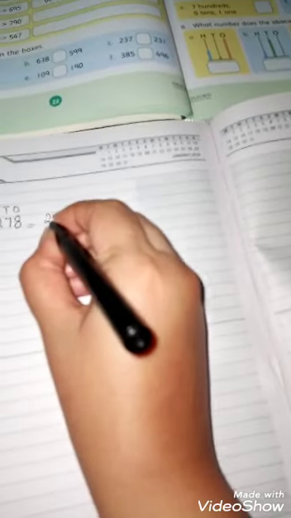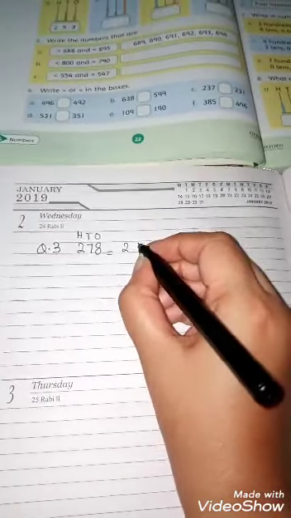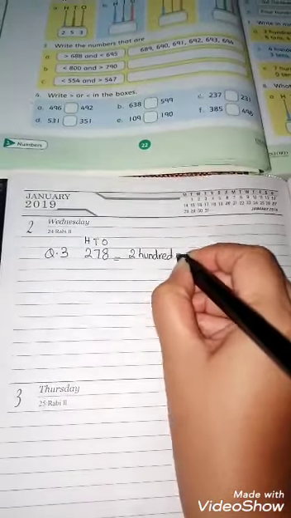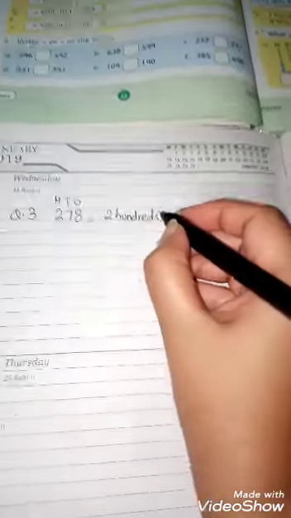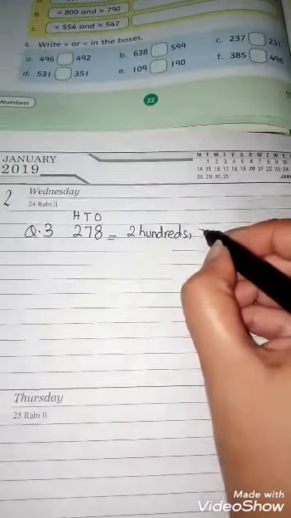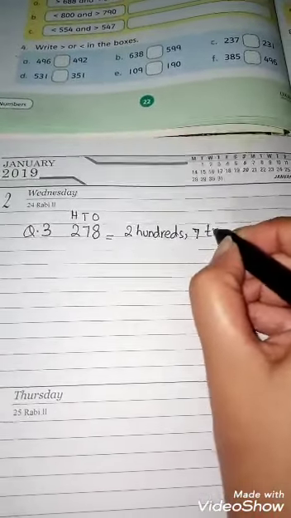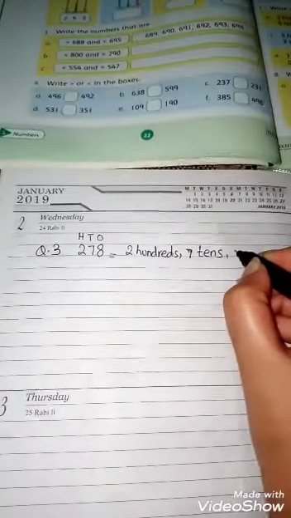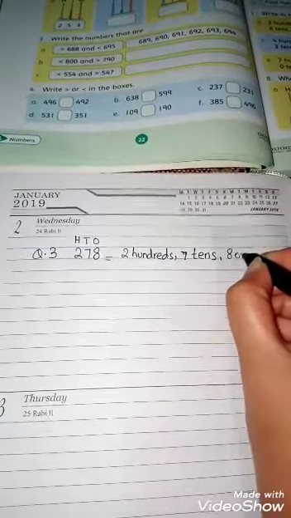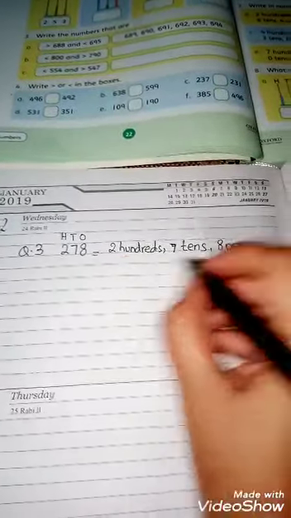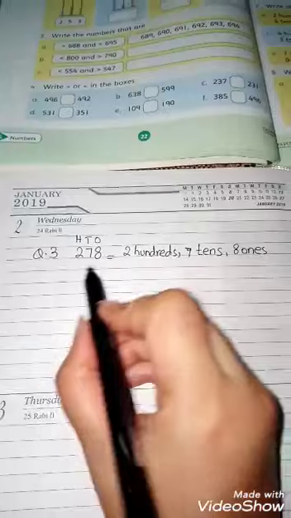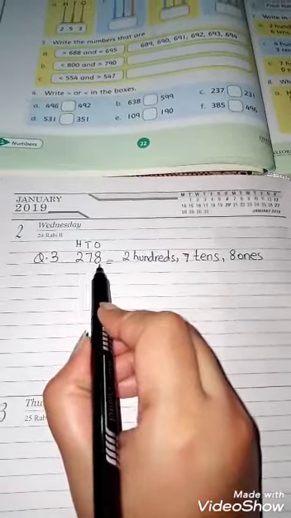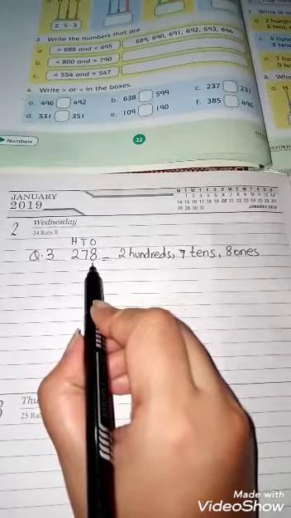2 hundreds, seven tens, eight ones. This is the answer. 2 is the place value of 100, 7 is the place value of tens, 8 is the place value of ones.